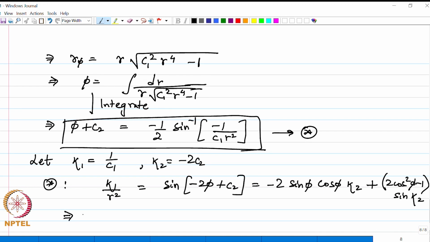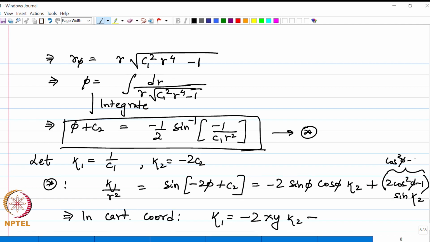So, which means in Cartesian coordinates, my extremal is as follows. So, κ1 is negative 2xy cos κ2 plus (x² − y²) sin κ2, right, where this quantity can be written as cos² φ minus sin² φ.